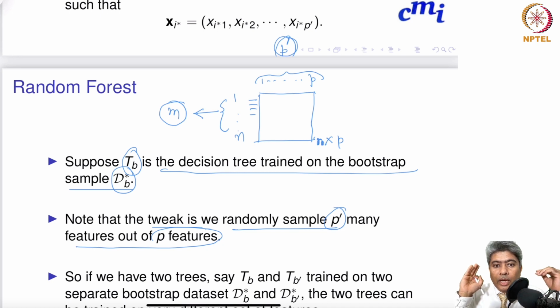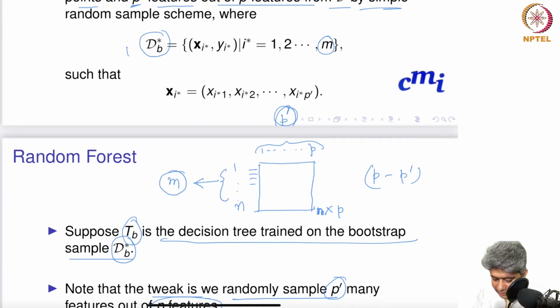Okay, and that is a beautiful trick that I found, because when you are drawing p dash many features, that means you are dropping p minus p dash many features from the dataset, or from any model that will be developed using this dataset.